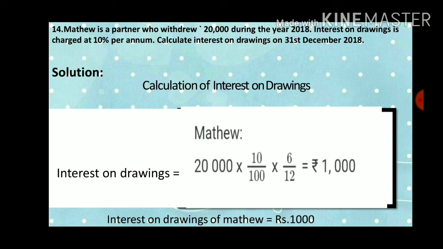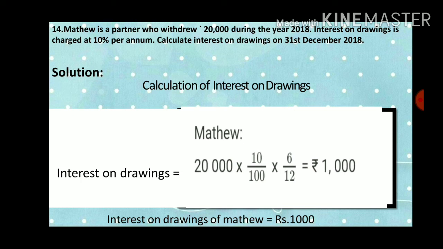Calculate interest on drawings on 31st December 2018. So the question is to find out the interest on drawing on 31st December 2018. So Matthew has taken drawing value 20,000, withdrawn in 2018, and interest on drawing they have given us 10%.